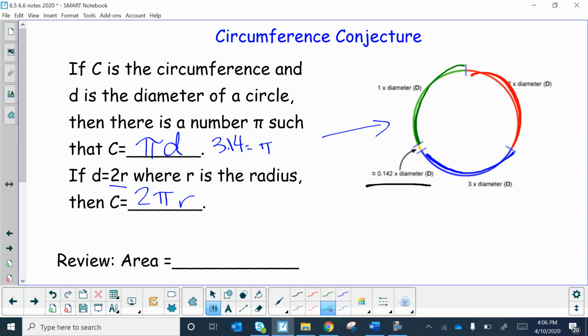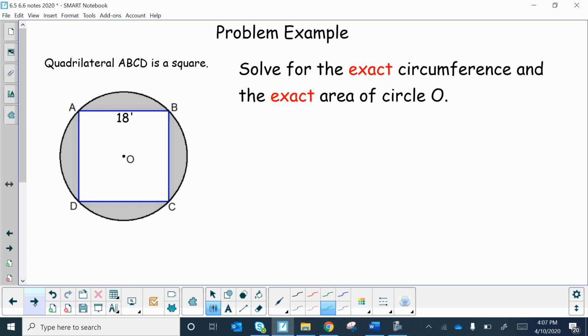Okay, and then one last thing we'll do a little bit of is the area of a circle, which is pi r squared. All right, let's do a few examples right here. I wanted to review this one because on the assignment you have some problem examples where you have to find the exact circumference and the exact area.